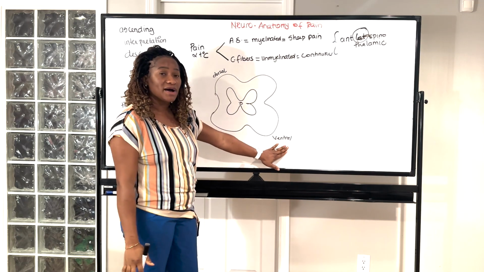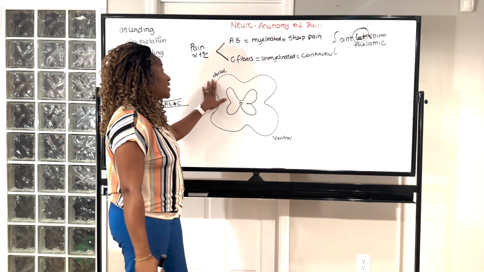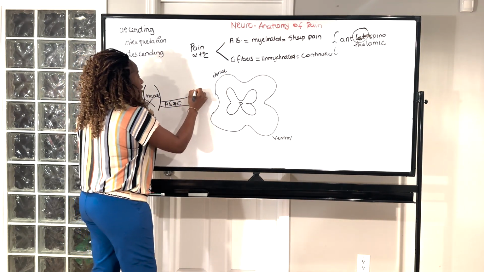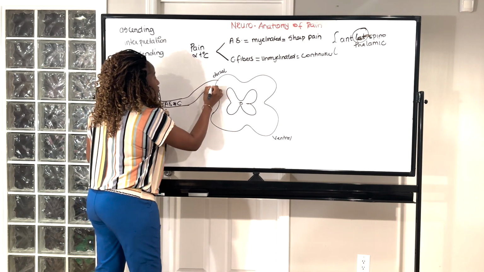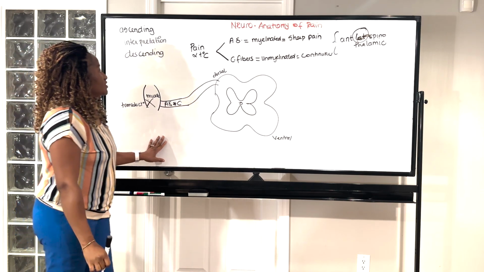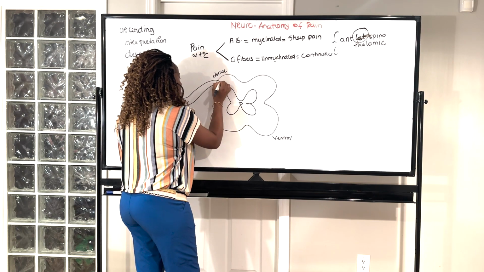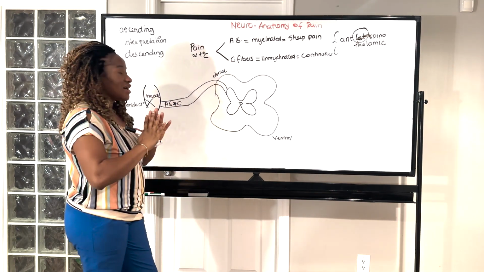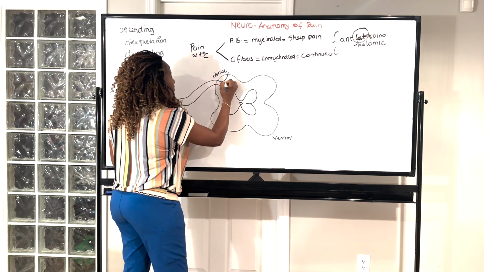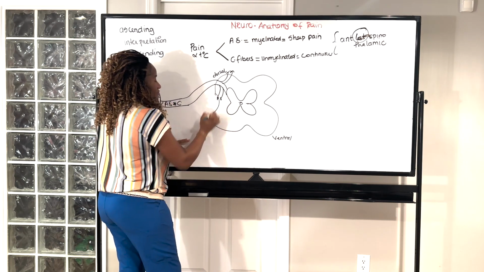We are not going to talk about this because we are not talking about motor anything. We are talking about pain. So these A delta and C fibers are going to transmit the pain into the dorsal horn of the spinal cord. Here, they're going to divide and send some fibers up and some fibers down.